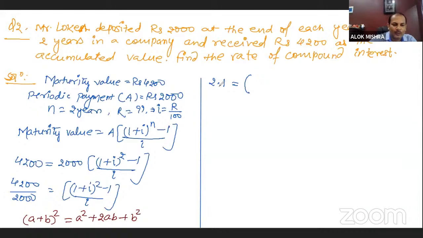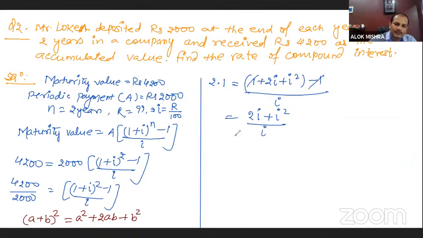So when I'm expanding 1 plus I the whole square, I get 1 plus 2I plus I square, isn't it? Minus 1 upon I. So this minus 1 and 1 get cancelled. I'm left with 2I plus I square upon I. Can I take I common from this?